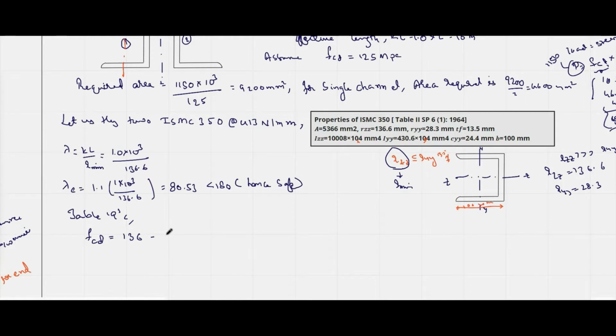My value is between 136 minus 121, and the value we need is for (80.53 minus 80) by (90 minus 80). This gives us around 135.2 Newton per mm square. Now let us find the load carrying capacity of the column.